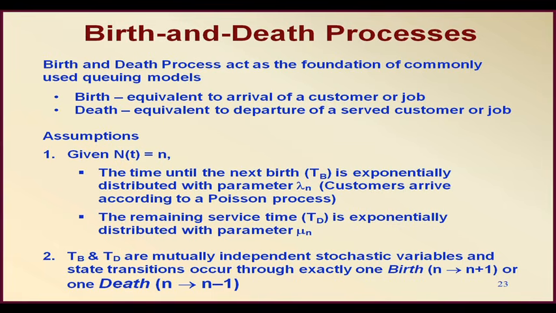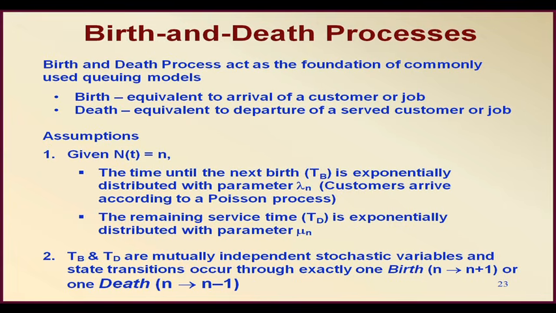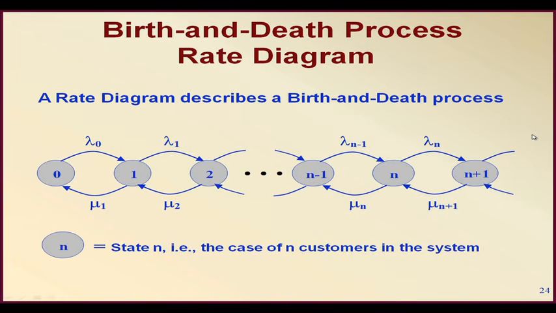Now, Tb and Td are mutually independent stochastic variables, and state transitions occur through exactly one birth or one death. Because last class we have seen that the exponential and the Poisson process have the unique property that in a short period of time there could be exactly one birth or exactly one death. So, that is about the birth and death process.